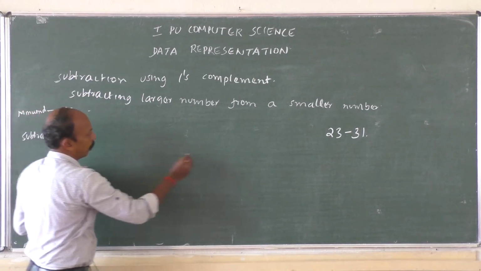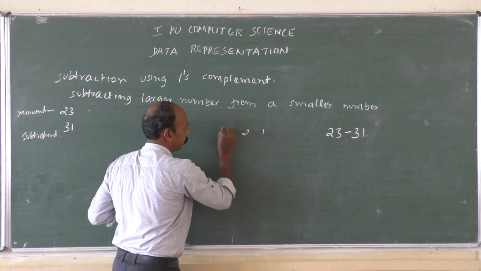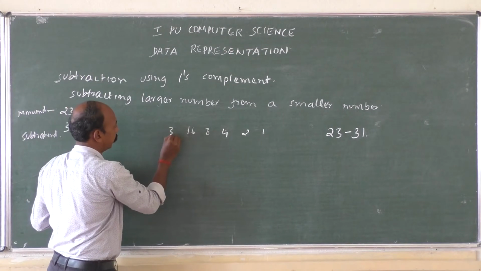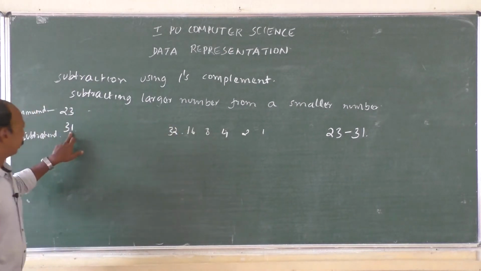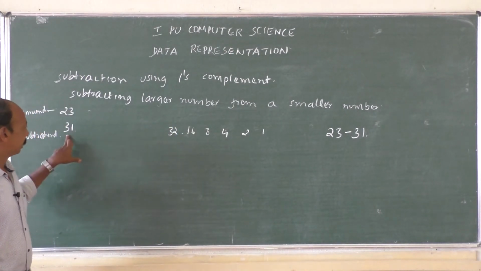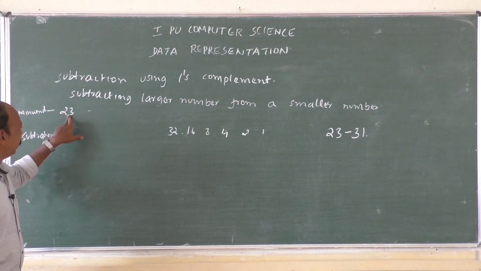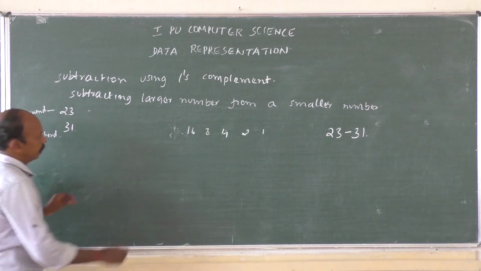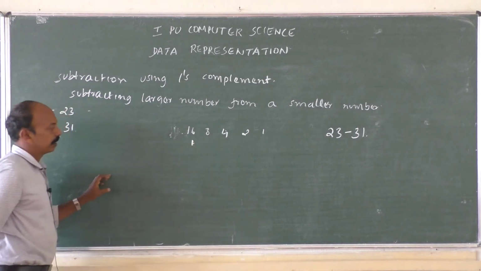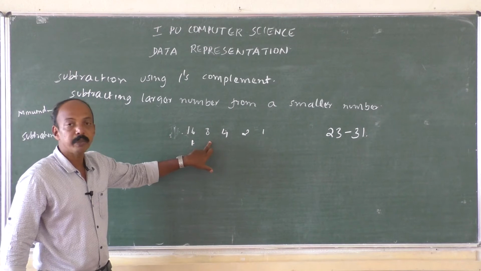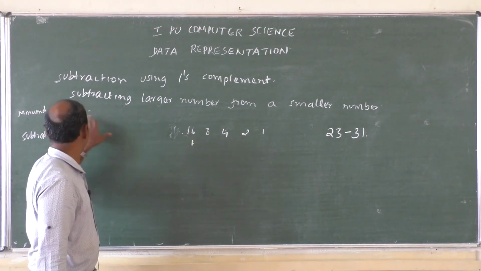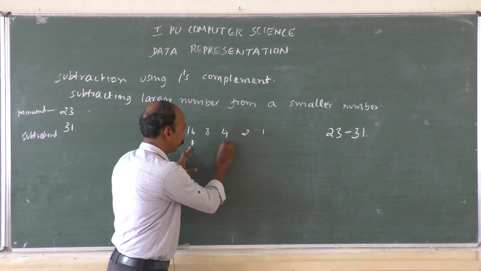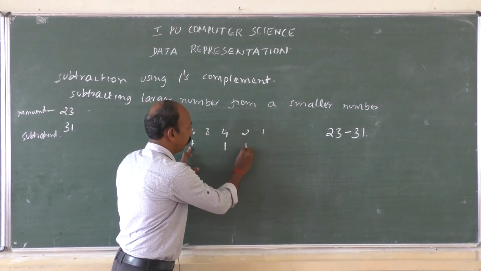Right? 1, 2, 4, 8, 16, 32. 32 is not there because it's 31. 23 is there, so this bit is not required. 16 plus 8 will be 24. What we have is 23. So 16 plus 4 will be 20, 22 and 23.